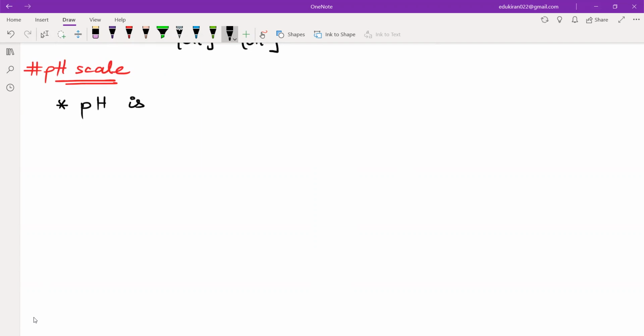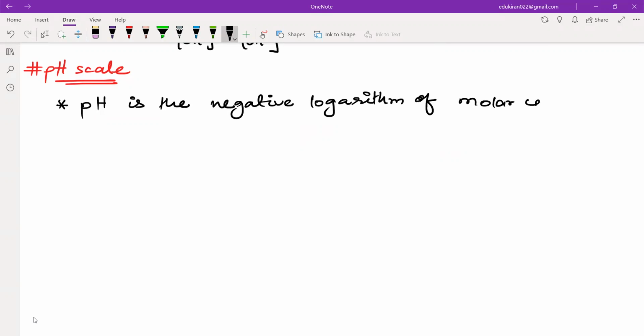pH is the negative logarithm of molar concentration of H3O plus ions. This is important.